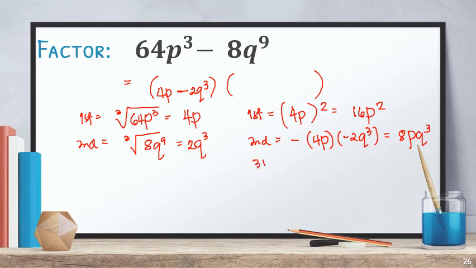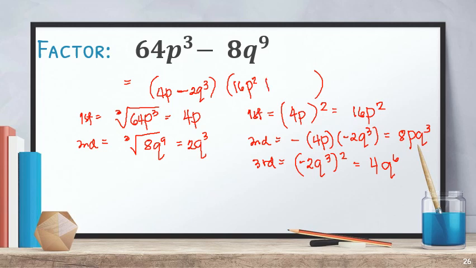And now for our third term, like what we did on the first term, we will be getting the squared of our second term of the first factor. So we have negative 2q cubed, quantity negative 2q cubed squared. So we have positive 4q raised to 6. So we have 16p squared for the first term.